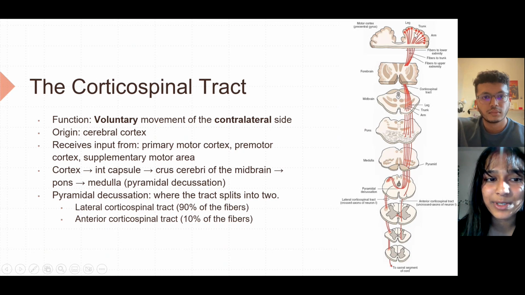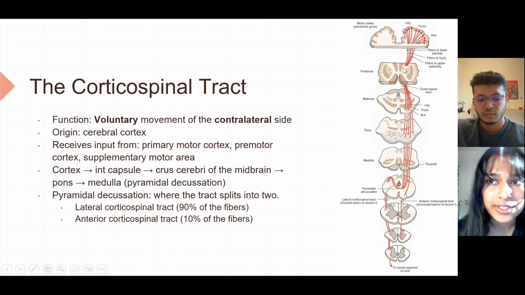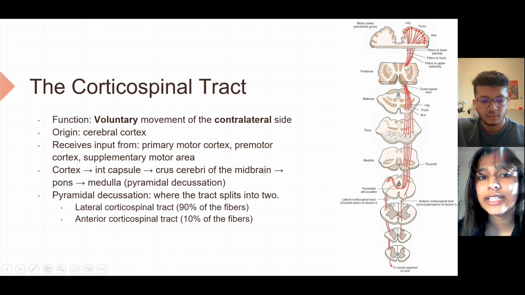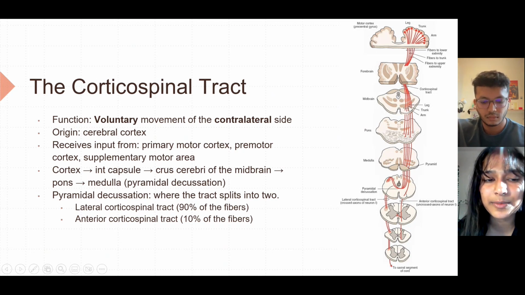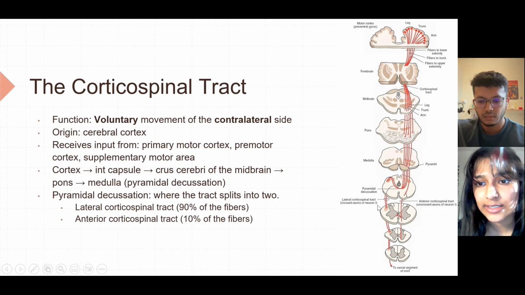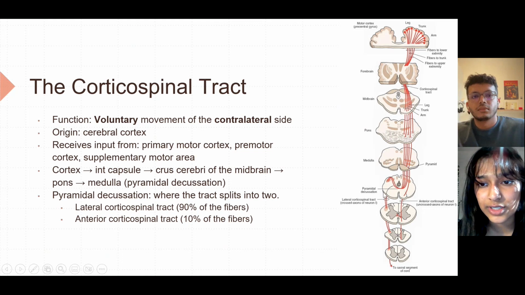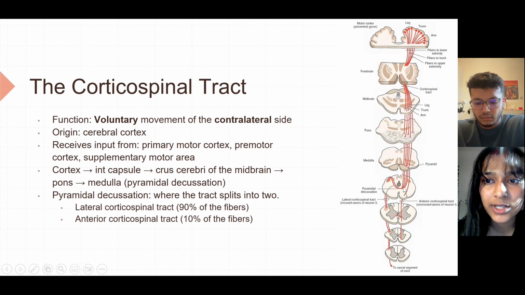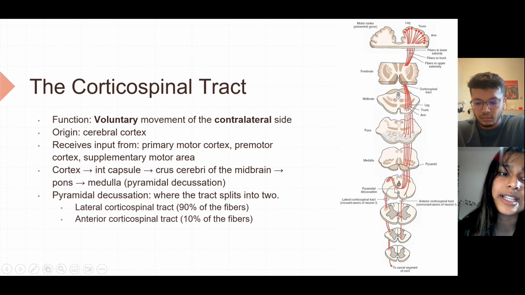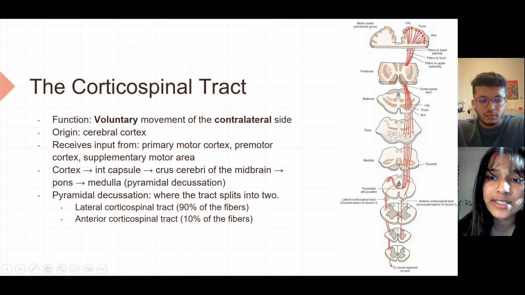So it goes from the cortex, then the internal capsule, I think it's the posterior limb of the internal capsule, then the crus cerebri of the midbrain, the pons, the medulla, and the medulla is where it decussates. You can see the decussation here. When it decussates, 90% of the fibers go to the lateral side, and 10% stay anterior.